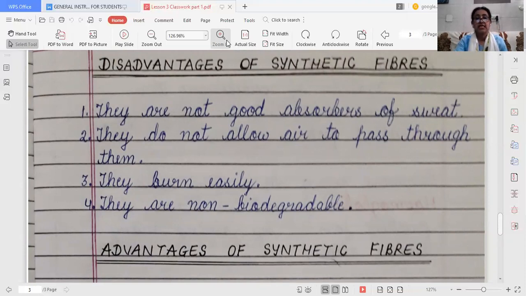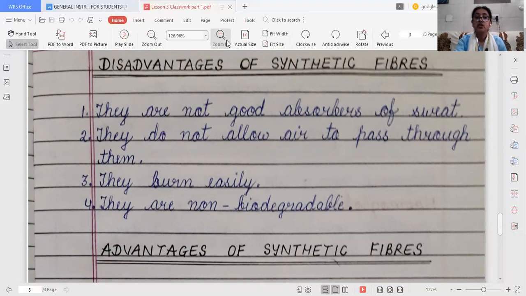First of all, synthetic fibers are not good absorbers of sweat. That's why it is always said that during summer season, we should wear only cotton clothes. Never wear synthetic clothes. Why? Because synthetic clothes cannot absorb sweat.